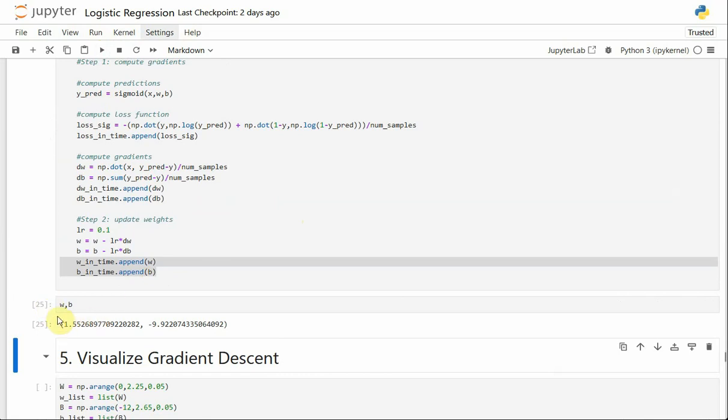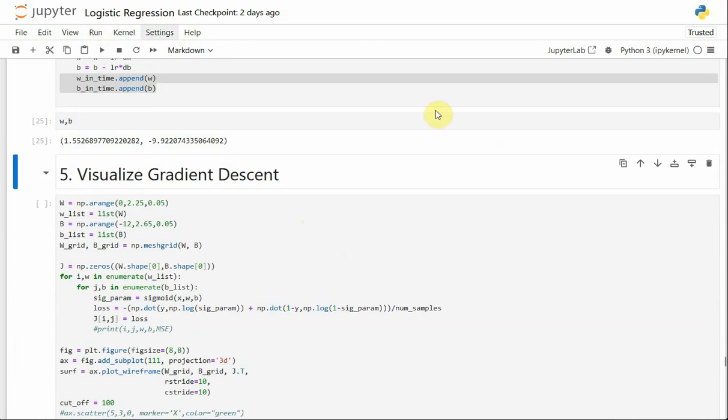So let's run this algorithm. And we have values for w and b, 1.55 and minus 9.92 respectively. Let's visualize the gradient descent.